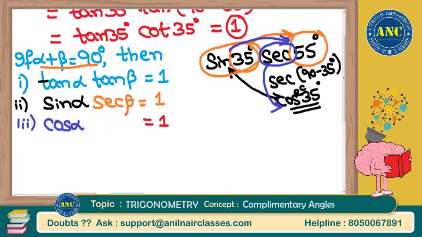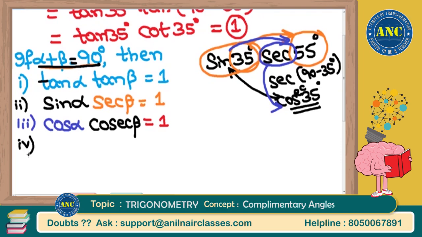But for me to get secant, which trigonometric function, if I convert, will come as secant? Cosecant. So cos alpha into cosecant beta is equal to 1, provided alpha plus beta is nothing but 90 degrees. I hope you are able to understand the concept.